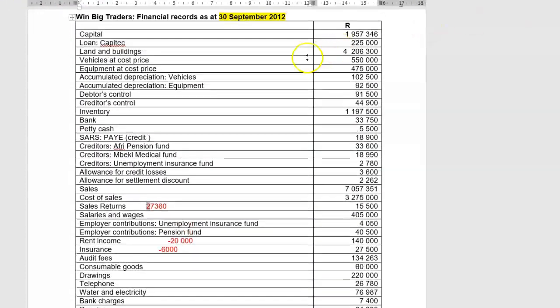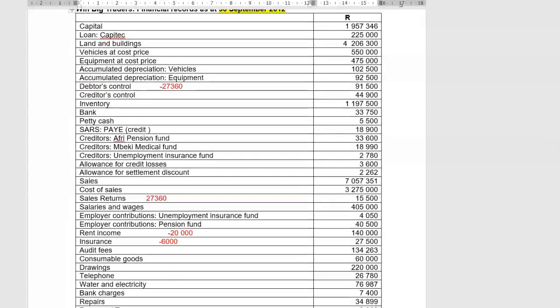Now, although they haven't asked debtors per se, you should know, and if you read through your question first, as you should have done, that I need to do some adjustments to my debtors control account in order to work out what my allowance for credit losses is going to be at the end of the day. So therefore, I have to record this transaction.